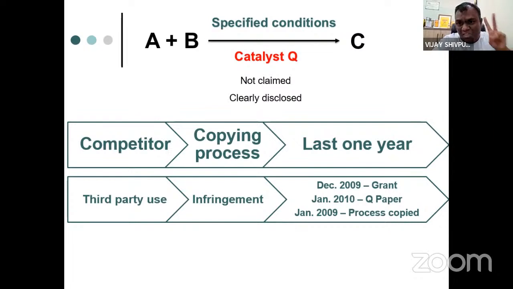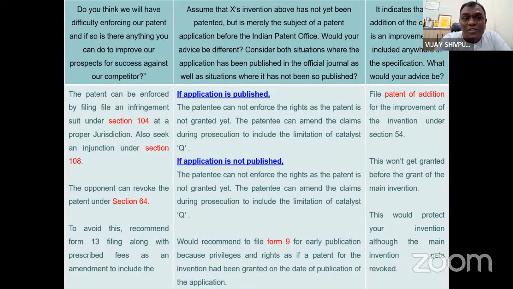Now you have got 2 things with you. One, you have got a patent granted. Second, you know that the competitor's process is infringing. Now, what would you suggest? Do you think we will have difficulty enforcing our patent? I don't think there would be difficulty, because the moment I have a patent granted, as a patentee I have the right to enforce my patent against anyone.